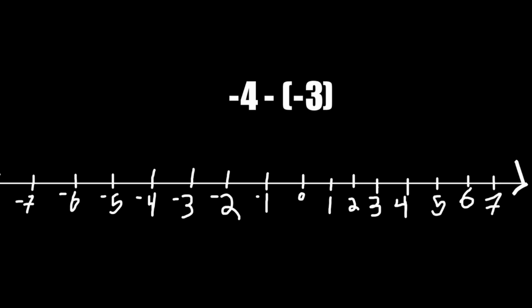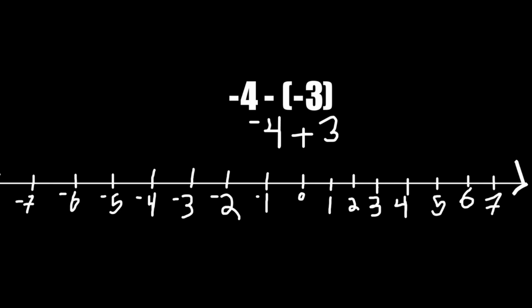Subtracting a negative is the same as adding the positive of that number. So -4 minus -3 becomes -4 plus 3. And now when you're adding, you move to the right.